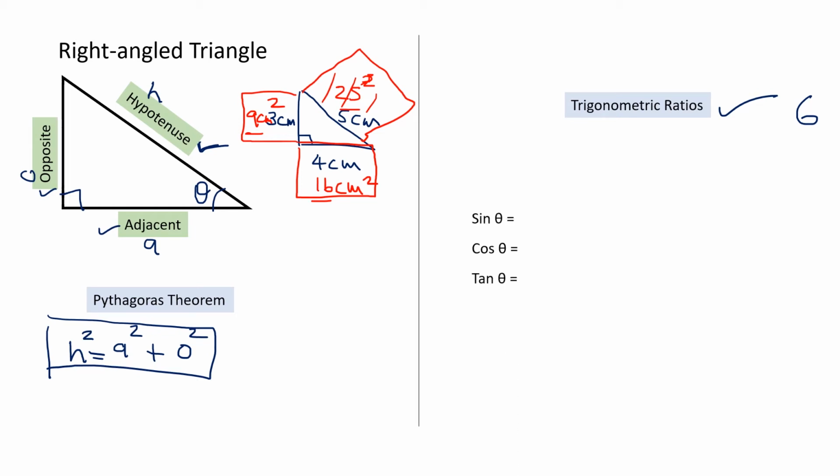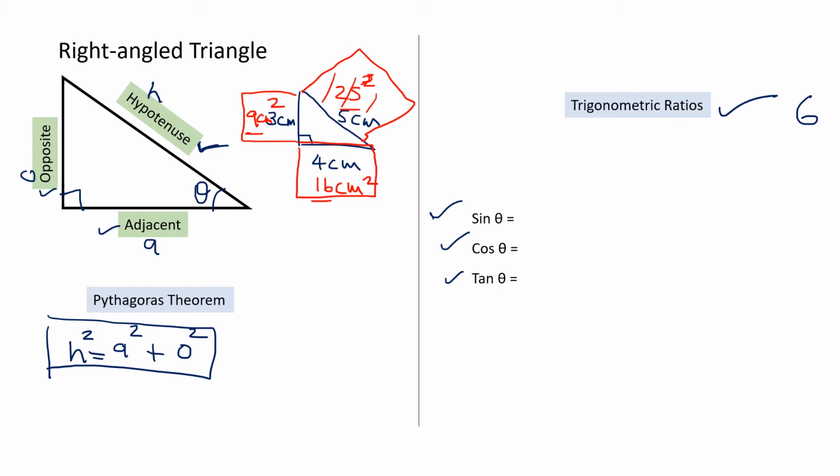These 3 trigonometric ratios are sine theta, cos theta and tan theta. These are referred to as ratios since they can be expressed in terms of the sides of a right angle triangle for a specific angle theta.